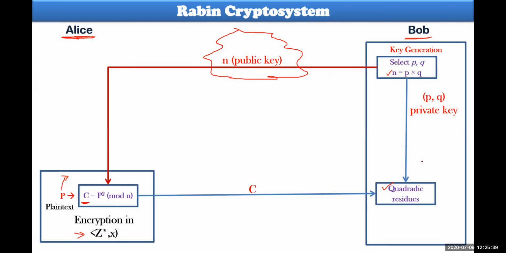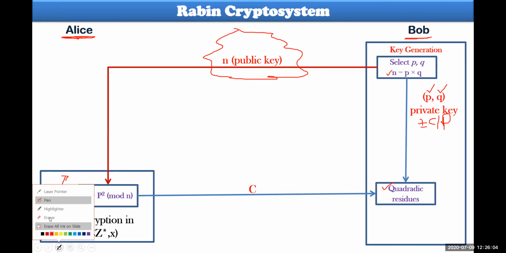Using quadratic residues, he gets exactly 4 different answers, because we have two different inputs as far as the private key is concerned. For P, plus or minus, the plain text will come across here.